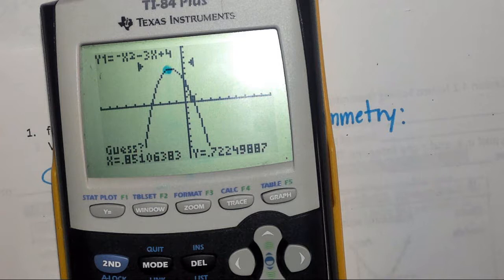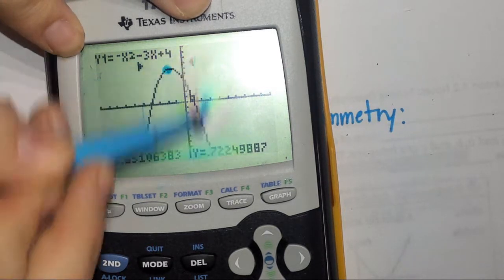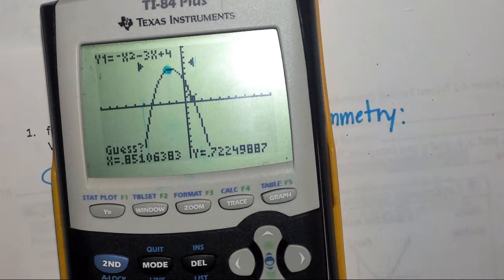It does not matter. And once you set your region, you're telling the calculator, hey, I think there's a max between here and here. It's happening in between here and here. So the only way you can mess this up is if you don't actually have that region within that little range. The one part of the calculator that I would change if I could is it makes you guess.